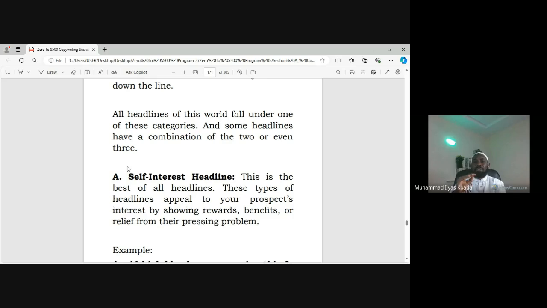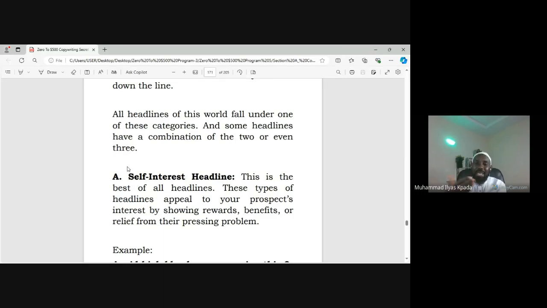What does it mean? With self-interest headline, you are telling the person the direct benefit of reading your ads. And who doesn't want benefit? All of us want benefit, right? Then the news headline, you are indicating that there's something new that the person needs to listen to. All of us want something new, something that not everybody knows about.